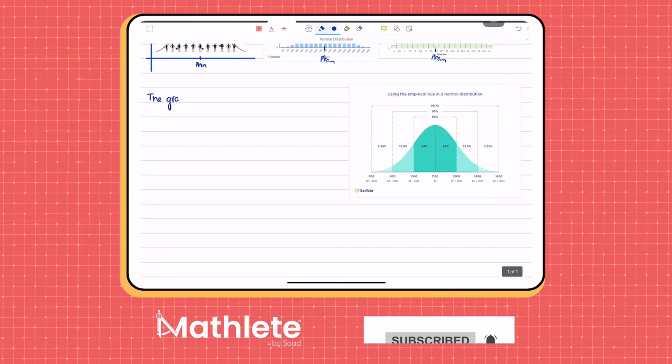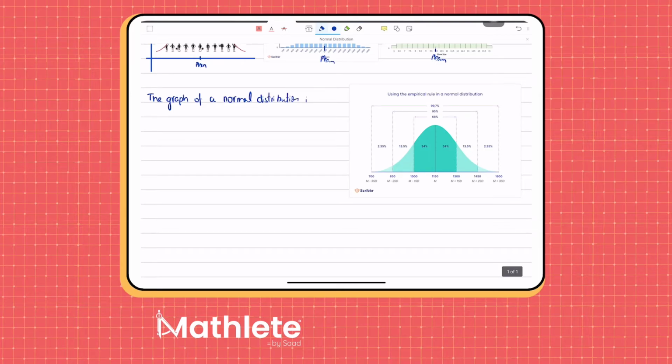The graph of a normal distribution is always bell curved. These curves are called bell curves. Any idea why they're called bell curves? It's kind of self-explanatory, by the way.